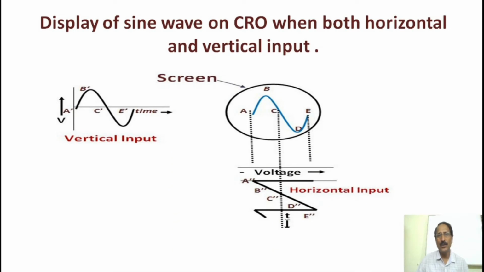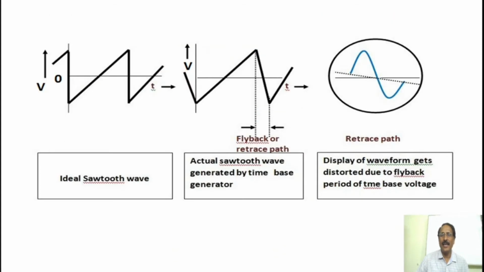So when a sawtooth wave is applied to horizontal deflection plates, the x-axis on the screen is taken to represent time. Thus, this voltage is called time-base voltage. In the figure, you can see an ideal time-base and actual time-base voltage. In the actual case, it takes a little time for the voltage to fall from the maximum positive to maximum negative.